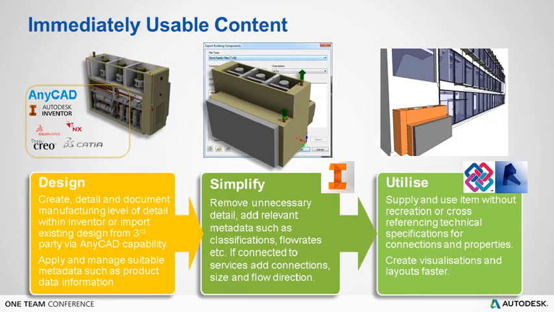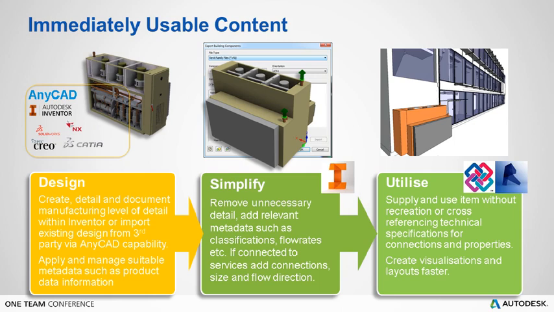So I'm going to just move forward here and give you a scenario with a workflow that we're actually going to look at. So the scenario is an air conditioning unit, and the air conditioning unit, as you can see now, has been designed as a full manufacturing model.